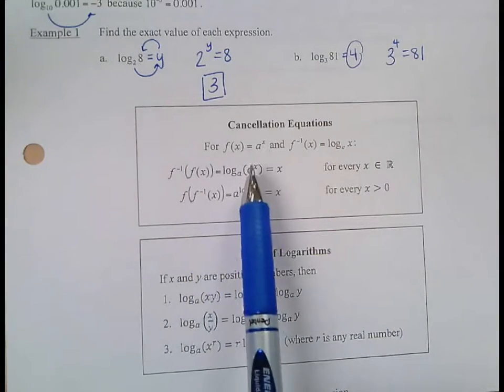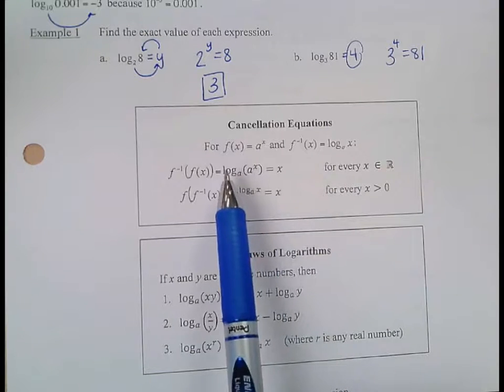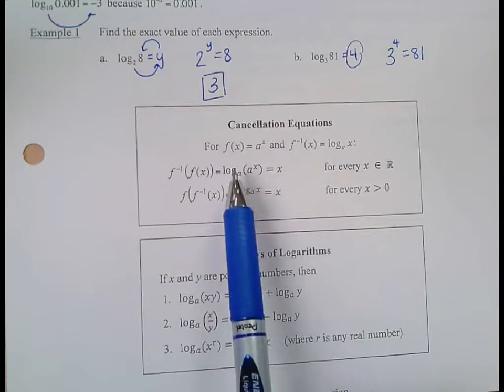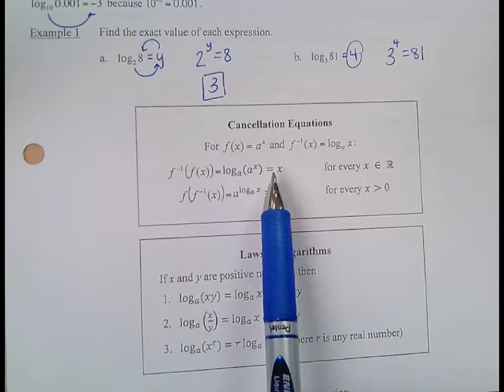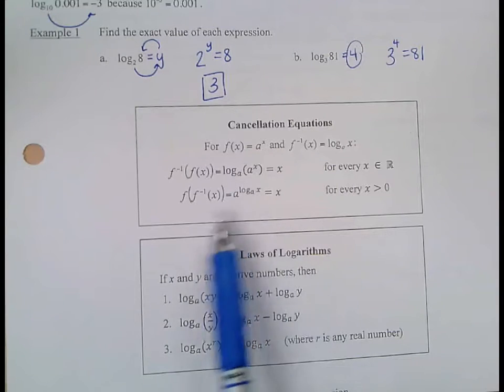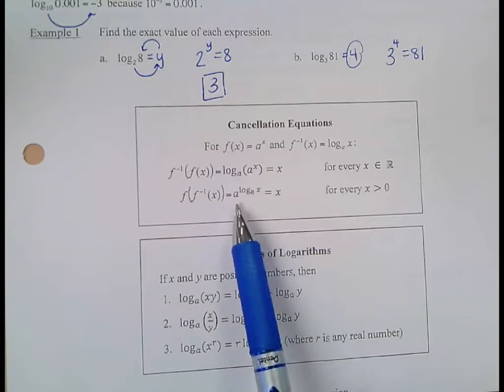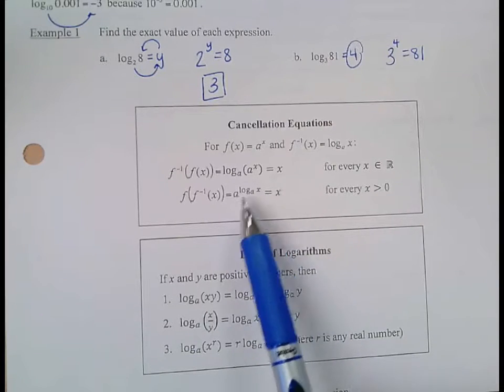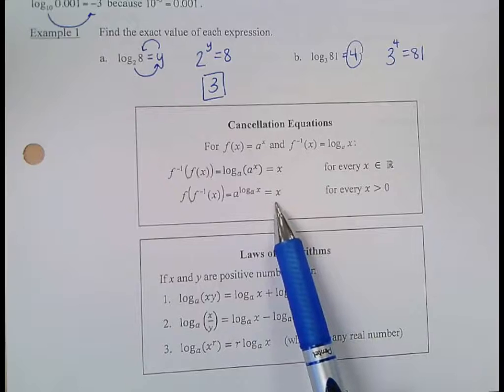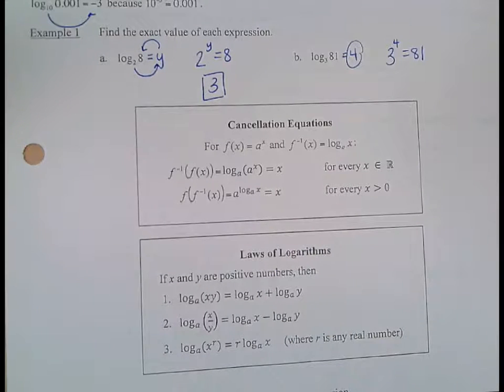So this is what it would look like with logarithms and exponents. If I take log base a of a to the x, the log and the exponent cancel to just give you x. And then vice versa, f of f inverse. So if I have a raised to the power of log base a of x, again, that exponent and logarithm cancel, and you just have x.